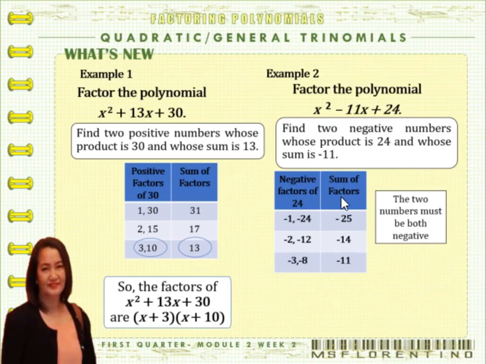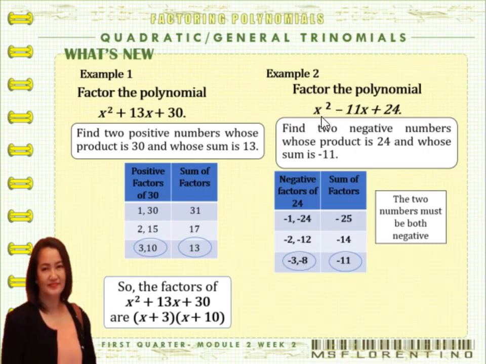If we are to get the sum of the factors, negative 1 plus negative 24 is negative 25. Negative 2 plus negative 12 is negative 14. Negative 3 plus negative 8 is negative 11. We need negative 11, that's why we will be using negative 3 and negative 8 as part of our factors.